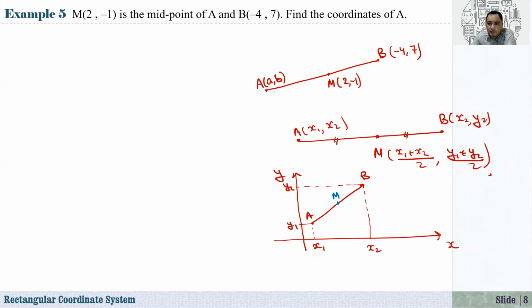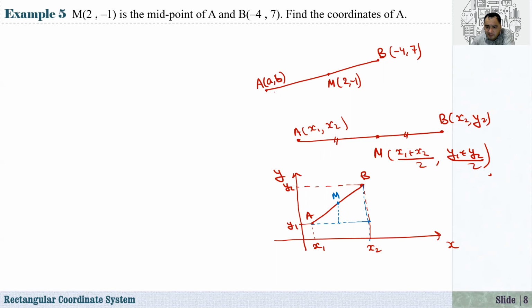To find the midpoint, I'll draw a line parallel to the x-axis that passes through the point, and also a line parallel to the y-axis that passes through the x-axis, and another from M. And see here we have 2 similar triangles.